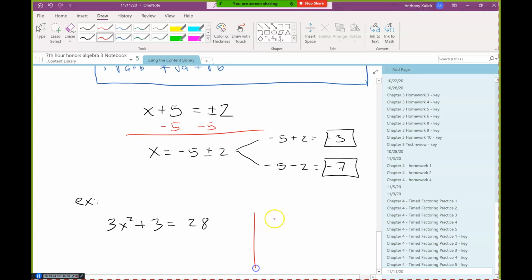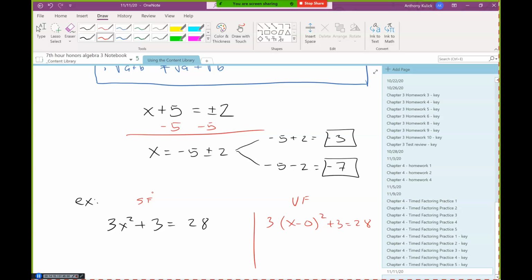Why is that? I could think about it that way, right? Everybody agree? So it's still vertex form, but it could also be thought of as standard form too, right? Everybody agree with that?